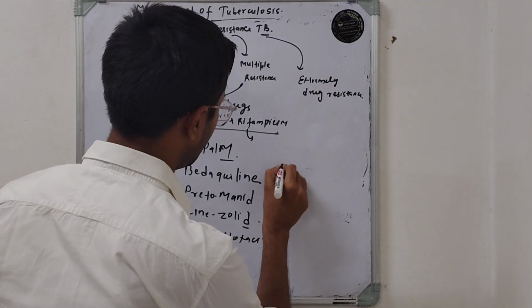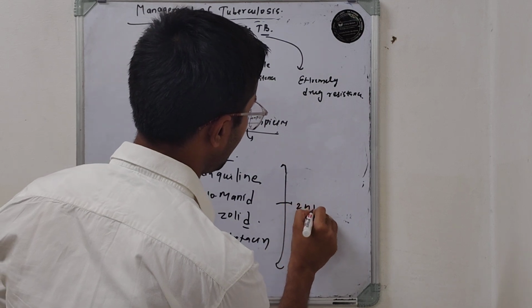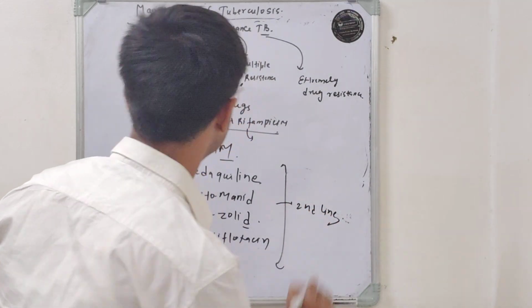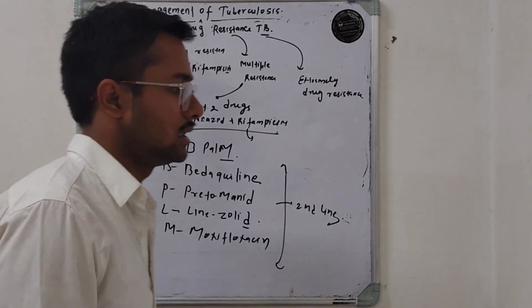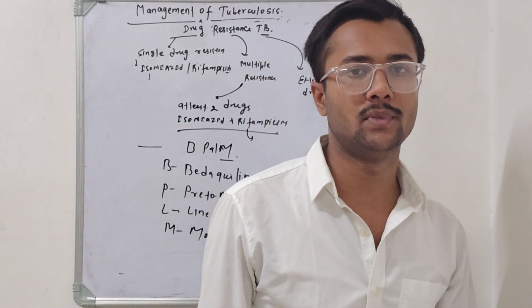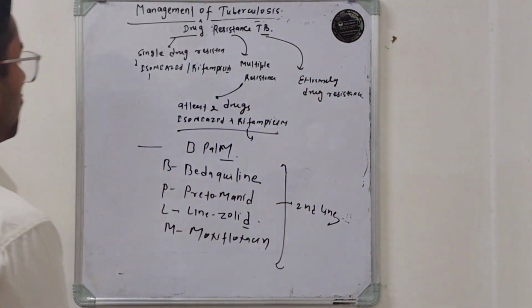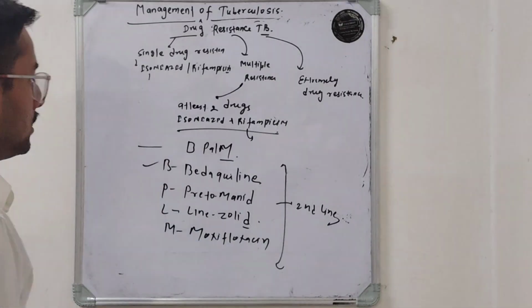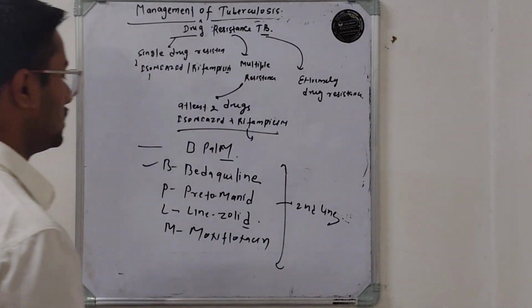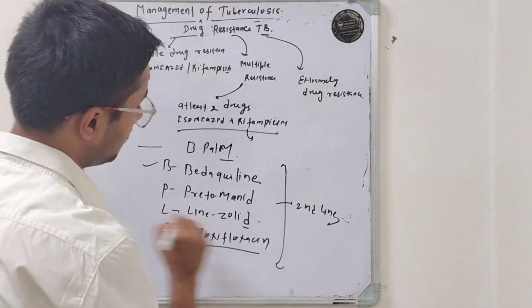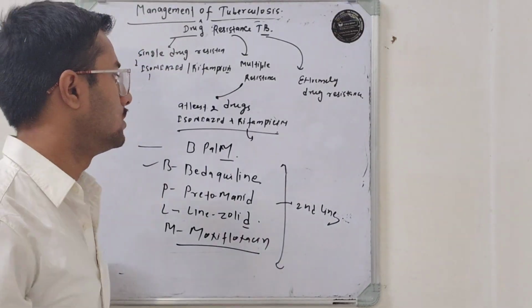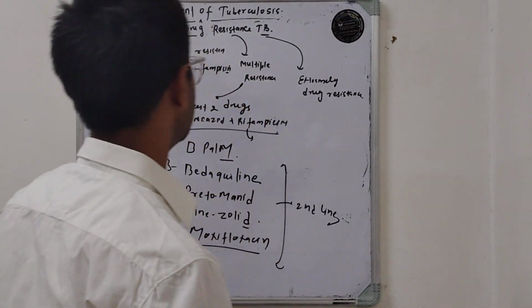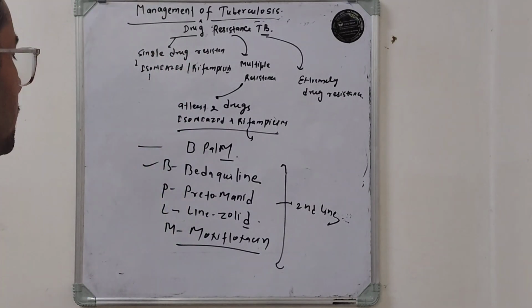These are the second line drugs that we give in case of multiple drug resistance, or if a patient has rifampicin resistance: bedaquiline, pretomanid, linezolid, and moxifloxacin.